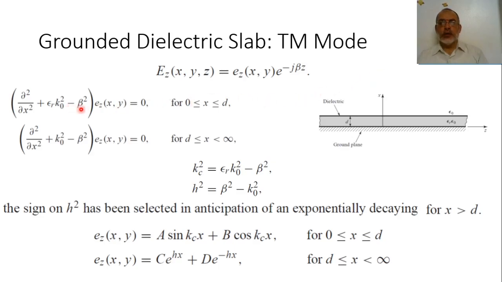Effectively, the value epsilon r k naught squared minus beta squared should be positive, such that the wave propagates inside the dielectric slab.